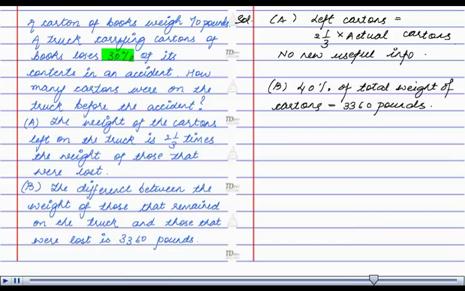Therefore, the total weight can be determined, and hence the total number of cartons that were actually on the truck can be determined. So statement B alone is sufficient to answer the question. And hence the correct answer is option number 2.